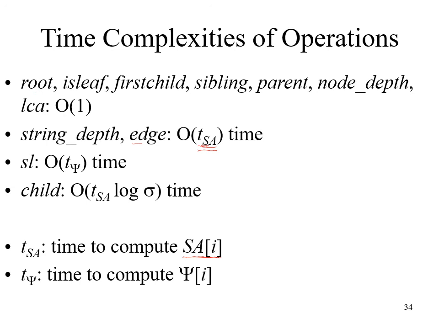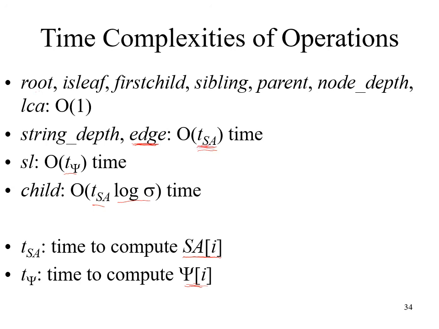And the time to compute a suffix link is order T sub psi time, where T sub psi is the time to compute the psi array. This is constant. And the child operation takes order T sub SA times log sigma time, because we do a binary search, and in each step of the binary search, we compute H, and it takes order T sub SA time.